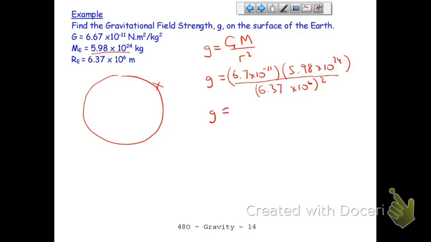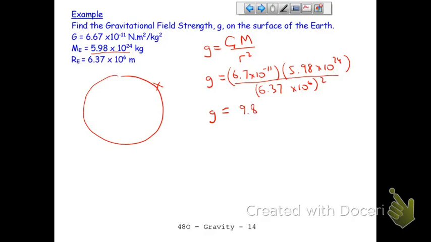I don't think the calculator is going to let me do that, and no, it won't. So I'm going to go back, put my parentheses, enter, and do that again, divided by 6.37 EE to the 6. And hopefully that comes out to be 9.8. My calculator just gave me a problem, but it's 9.8.